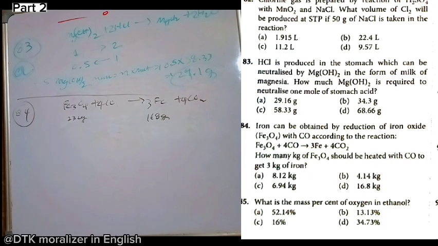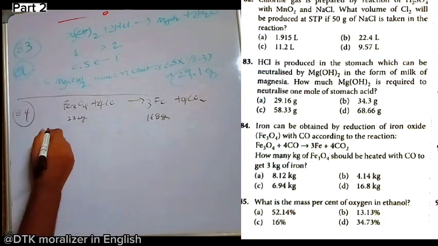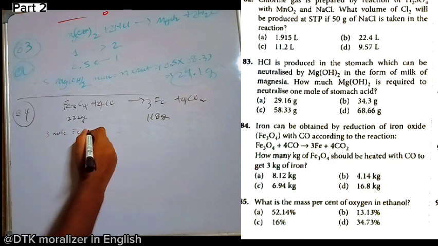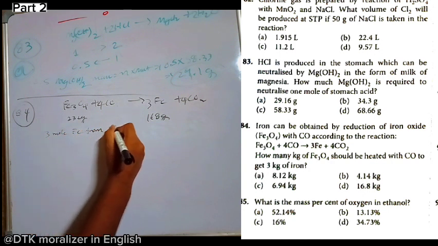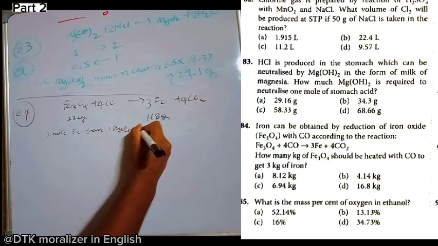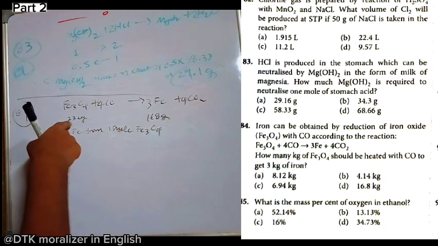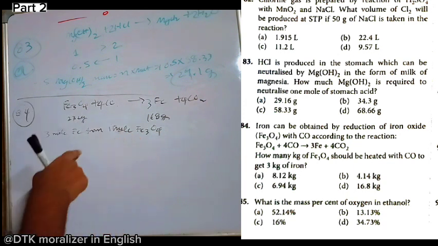Here 232 grams of Fe3O4 gives 3Fe, which is equal to 168 grams. Three moles of Fe are formed from 1 mole of Fe3O4.